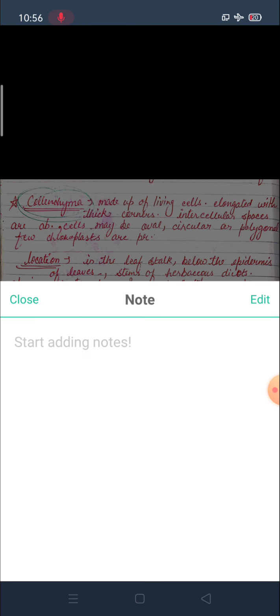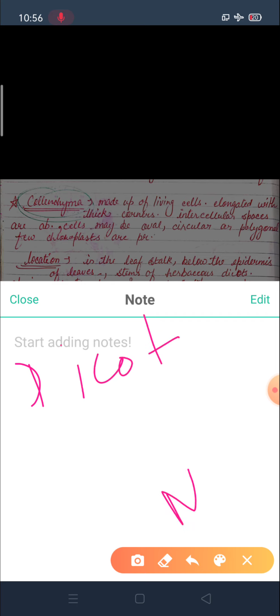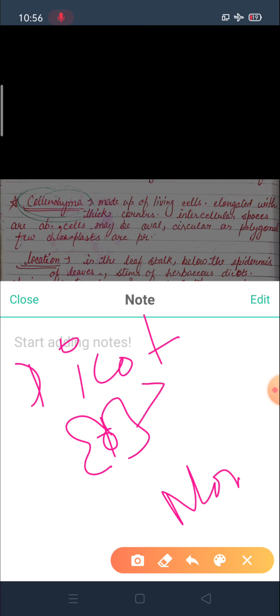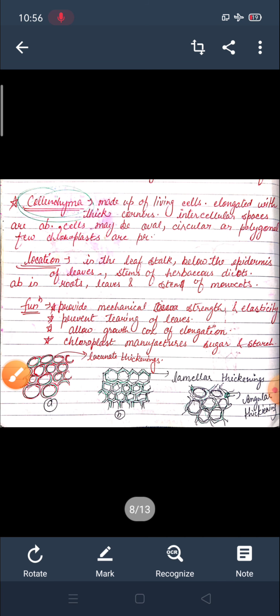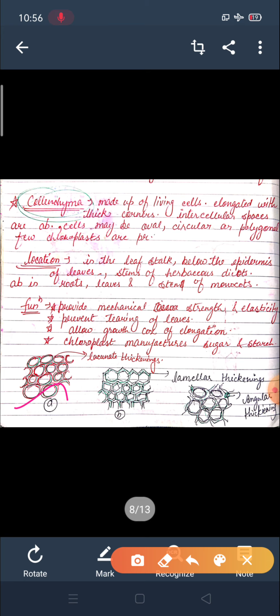Let's understand here what is dicot and monocot. A plant or seed containing two cotyledons is called dicot. And if any plant or seed contains a single cotyledon, it is called monocot. There are the following types of structures of collenchyma.